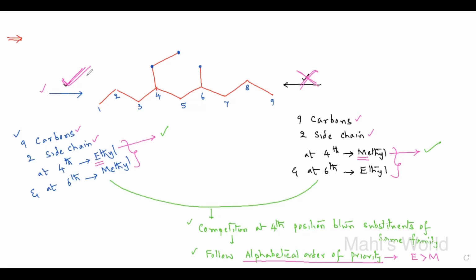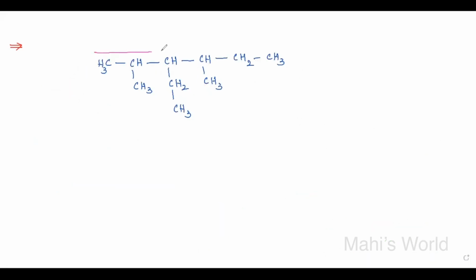So, very interesting. I think the parent chain is this, the straight one, because it has 6 carbon atoms. Nowhere you get 6. I think you are getting it. Even this way also you are getting the same 6.